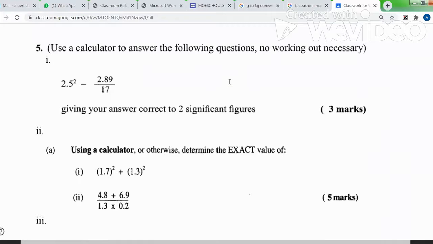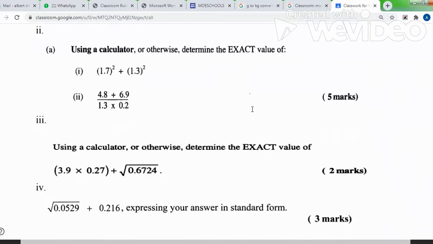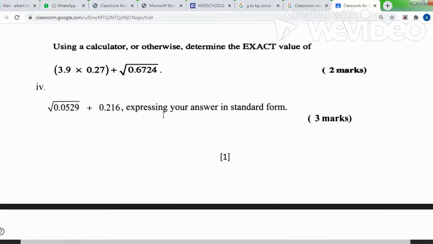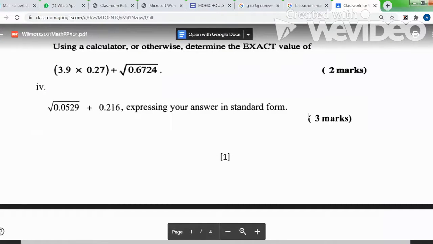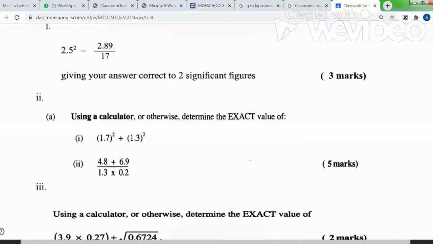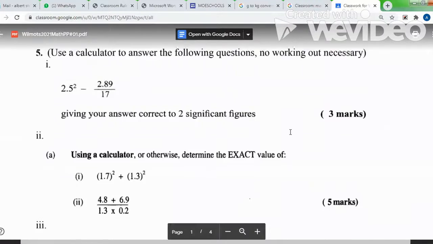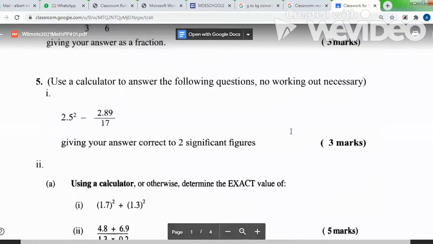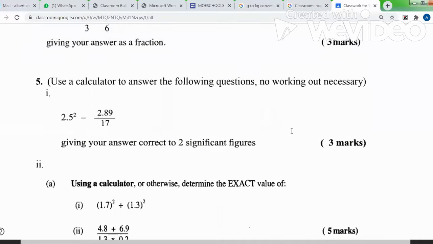Now, except for part 1, you notice that there's significant figures. I'm going to go into that. It also says something about standard form. But before we go into this part, I just want to see if you guys were able to get this correct.